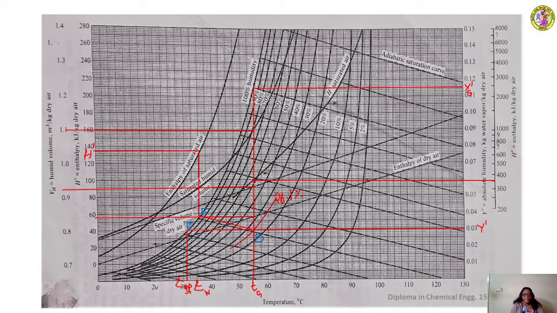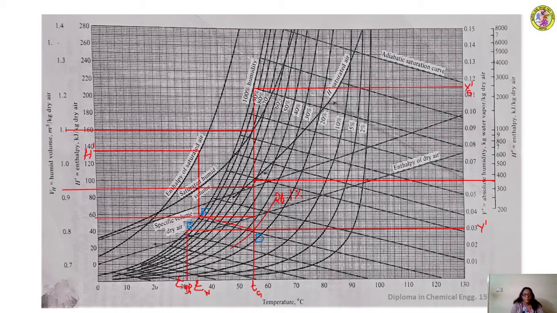Again from point D, you have drawn an adiabatic cooling line up to point F on the 100% saturation line. So DF is that cooling curve constructed. This adiabatic cooling curve is represented by the line DF, which has met the 100% saturation curve at point F.